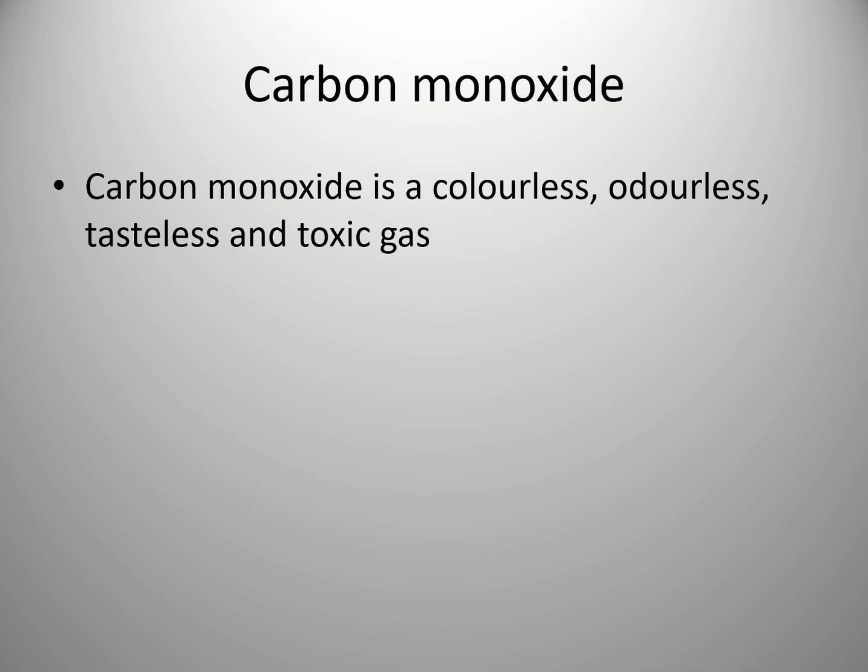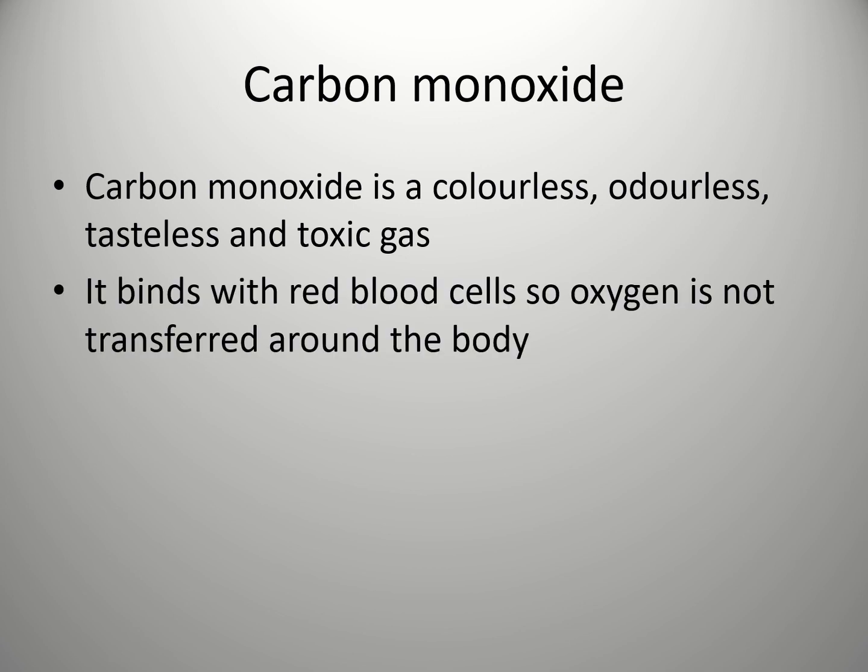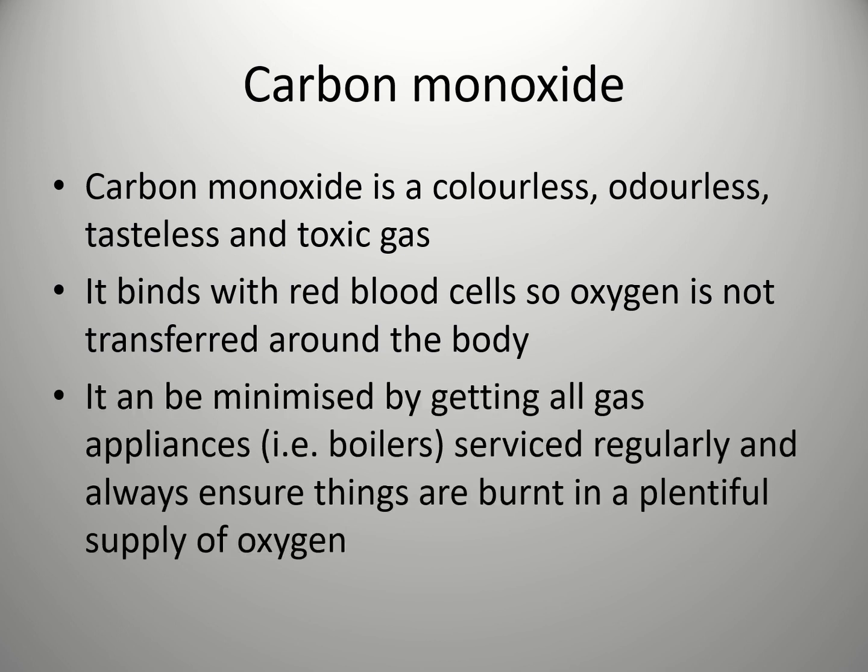Carbon monoxide then. What's the problem with it? Well, we've already discussed it's a colourless, odourless gas, but it's toxic because instead of allowing oxygen to attach to your red blood cells, it attaches to the red blood cell itself, and the oxygen can't get on. And if you can't get oxygen around your body, your brain will switch off, and if your brain switches off, unfortunately all of your body switches off.